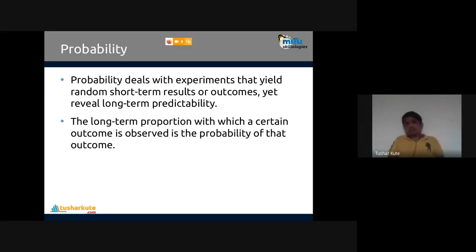The long-term proportion with which a certain outcome is observed is the probability of that outcome. This can be a clear definition. The probability of having an outcome is predicted by the long-term proportion of its happenings. That's what probability is.